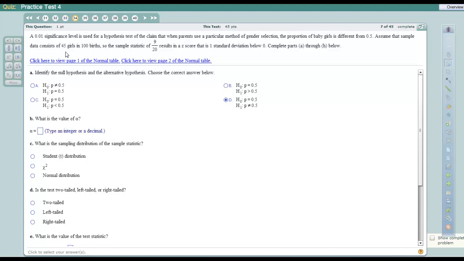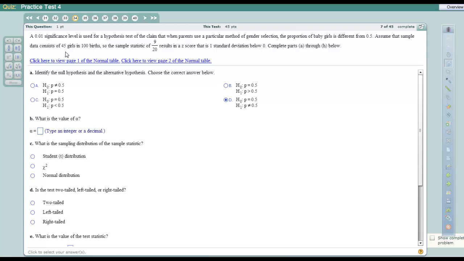So that is alpha. What is the sampling distribution of the sample statistic? This goes back to T, Z, or chi-square, which we didn't even talk about. That's not going to be on the test. We would want to know about the standard deviation.